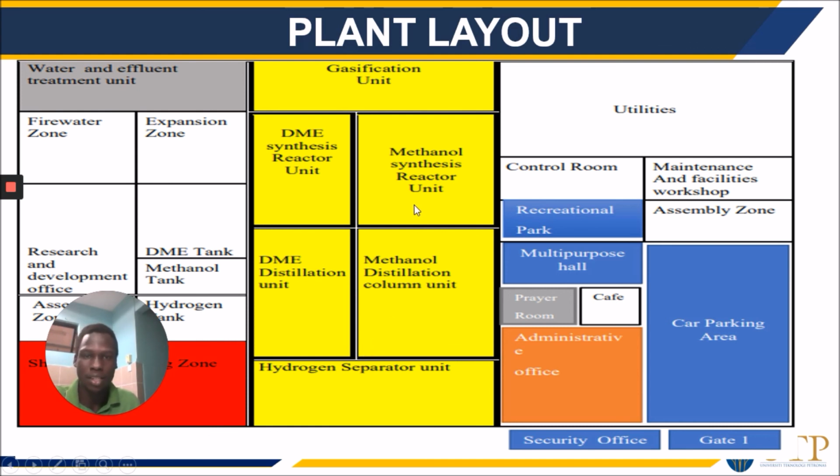They are located in the middle of the plant to avoid obstruction during the evacuation in case of an emergency. Also, safety control tools are put in place in the plant to minimize the consequences of accidents on the personnel and the machineries.